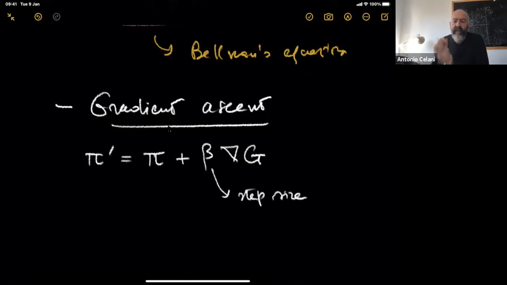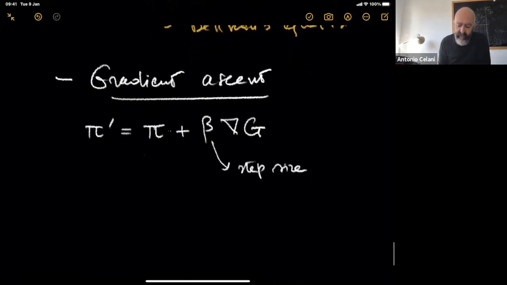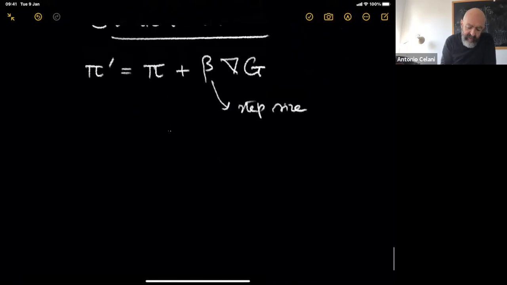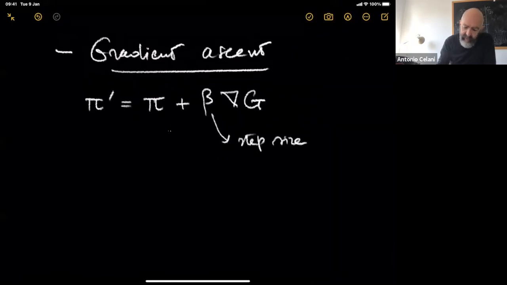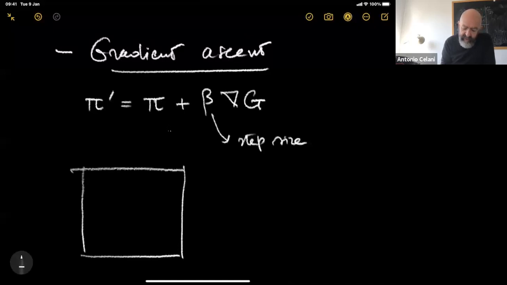Okay, so let's address the second question first. Again, using policy space as an example, my square.